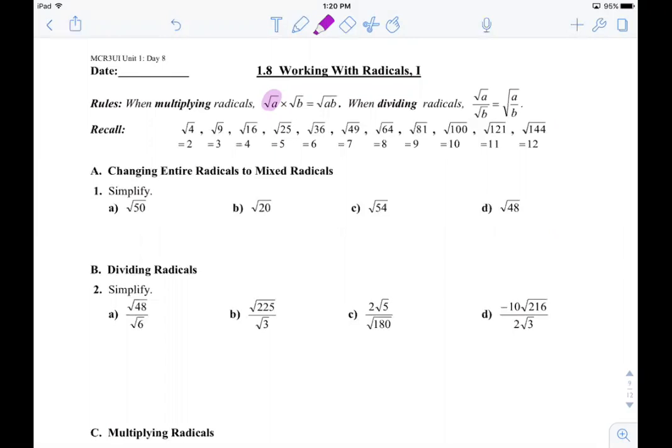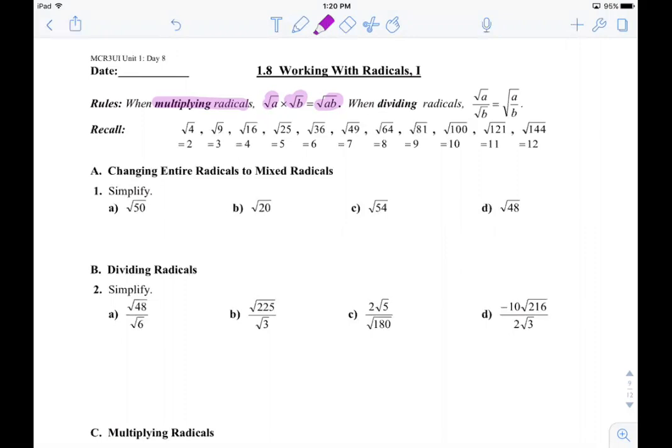So some of the rules that we can talk about for radicals is that when we're multiplying radicals, it turns out two separate radicals multiplied together give us the same result as if we had multiplied the two number parts together first and then square rooted after.